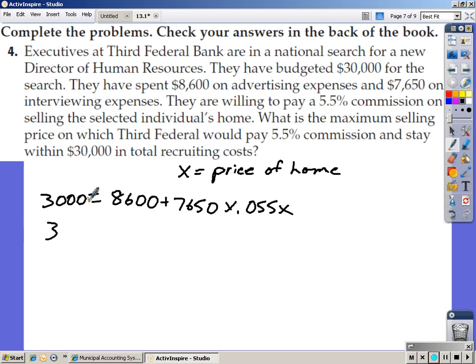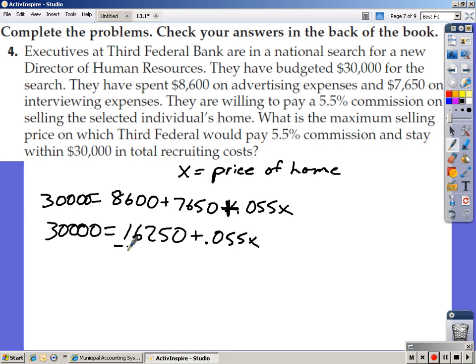Missing a zero there. 30,000 equals 16,250 plus 0.055x.